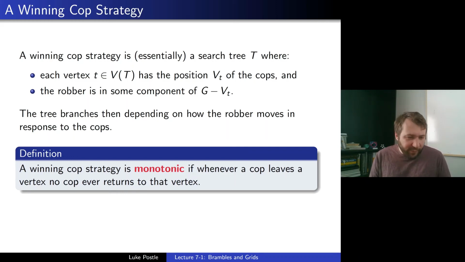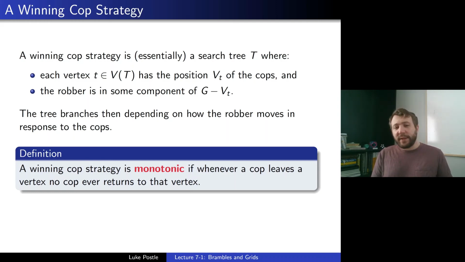We don't want to be wasteful and send a cop to police a vertex and then have them leave and have to come back. If the robber wanted to be at that vertex, you should have caught them then. As we sweep, we're doing this in a monotone way, so we never have to have a cop double back to one that was already policed.